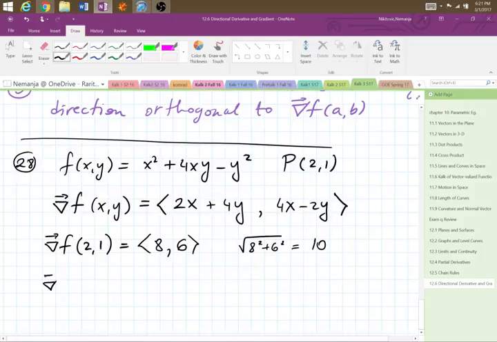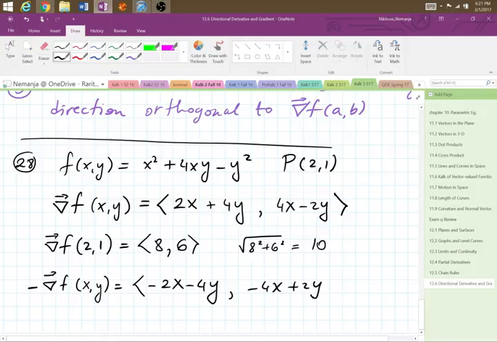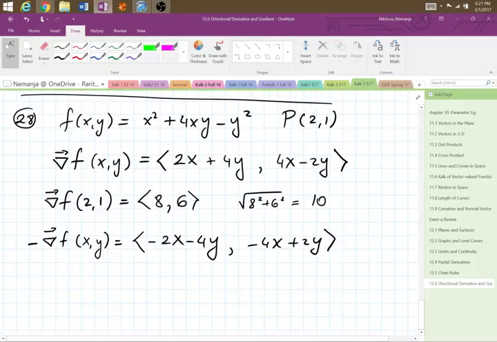Then we do the same thing with the negative. Let's do xy first. So we have that.